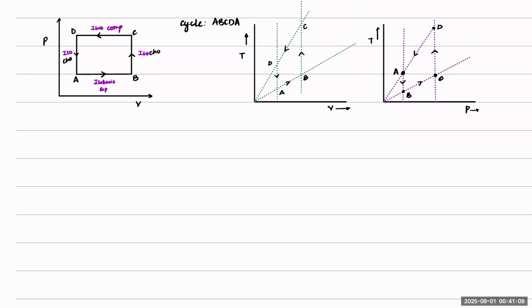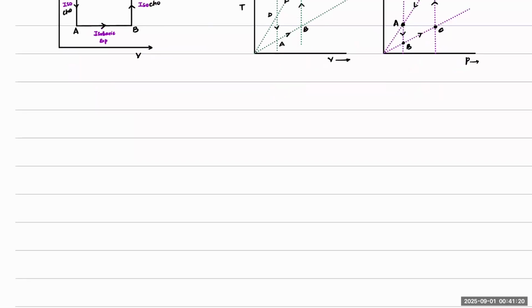So given any graph, you should know how to transform, right, between pressure versus volume and so on. Let me take one more graph like this, and this time we'll try to transform. So suppose the graph is something like this.